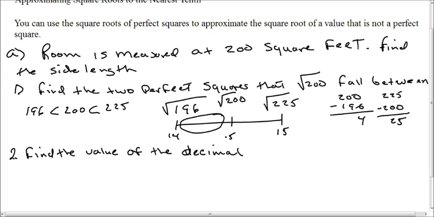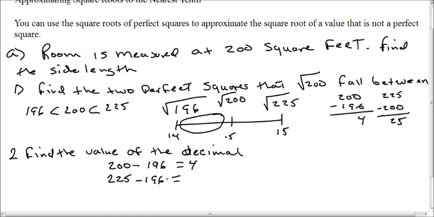Okay, so here I will have 200 minus the lower of the perfect squares, 196, and that will give me 4. We just did that up there. Now I want to find the difference between the greater perfect square and the lower perfect square. So my greater perfect square is 225, and my lower perfect square is 196.